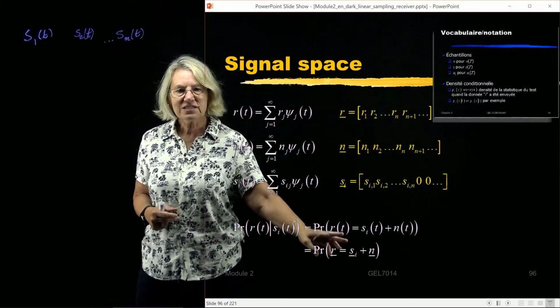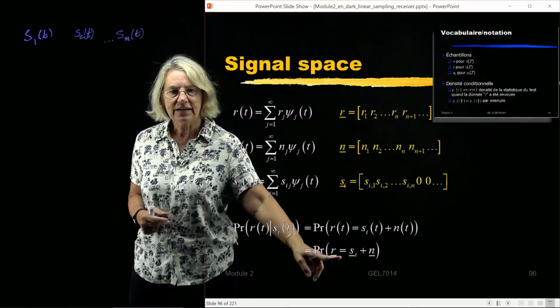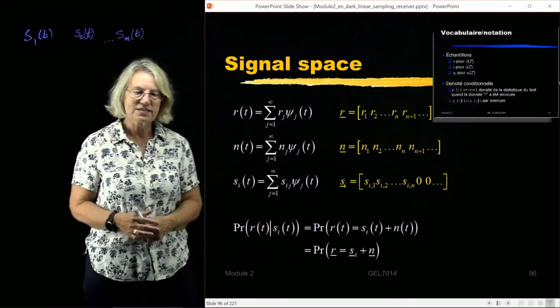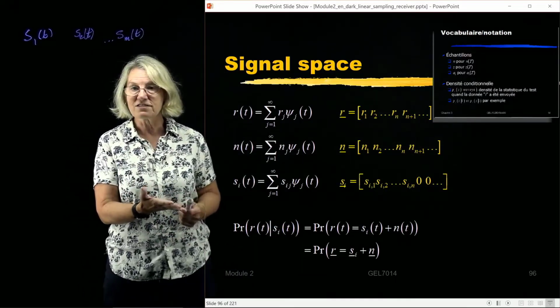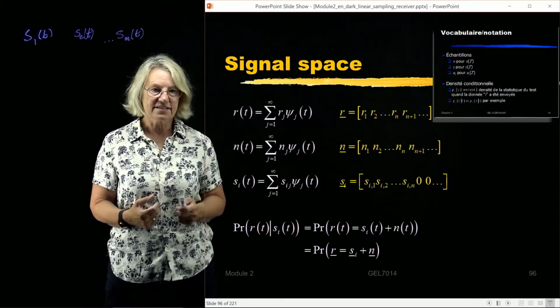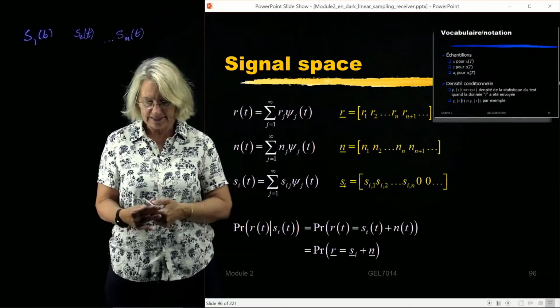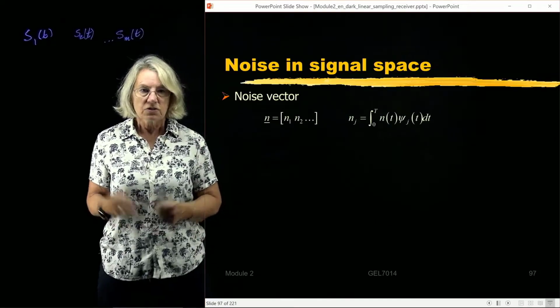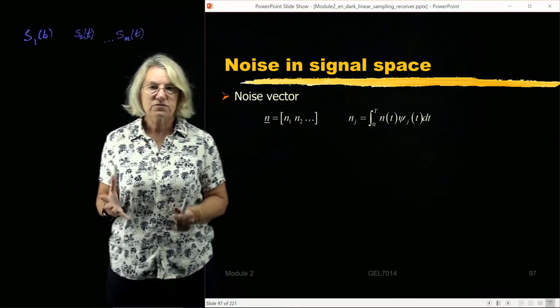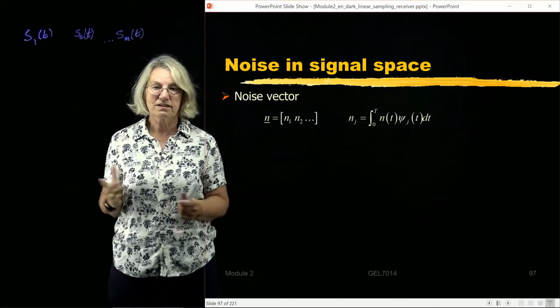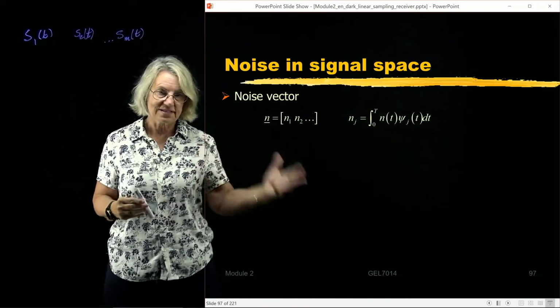And of course, if we just take this same equation and put it now in vector form, this is what we're examining. This is what's important to us in our analysis. So this is the probability we want to analyze. So the noise vector, everything is based on the noise vector, because the noise is the random process in this system.